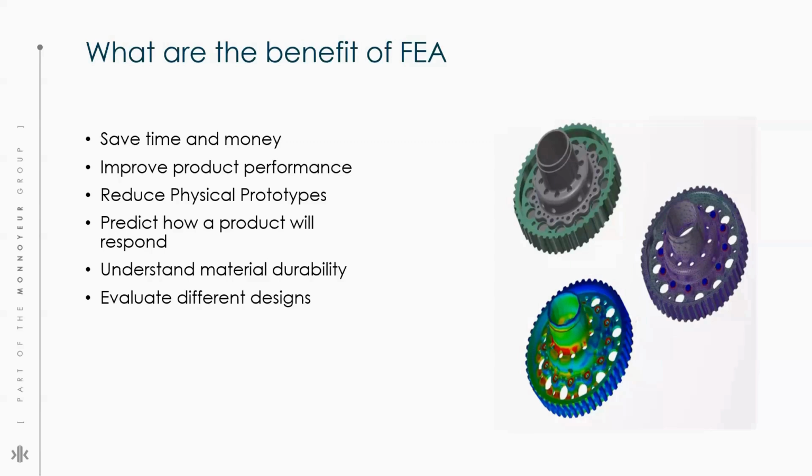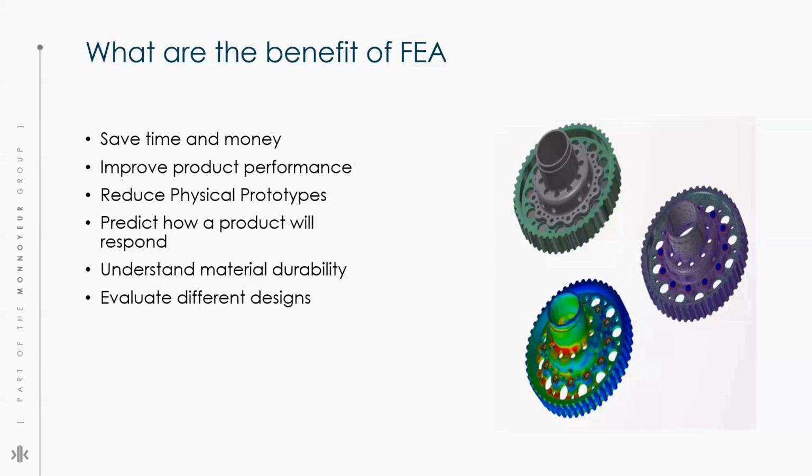It improves product performance, helping engineers optimize designs to meet performance and design requirements. It reduces wastage: FEA can help engineers identify design failures and reduce the amount of material used.